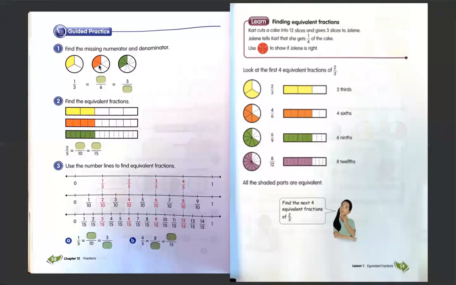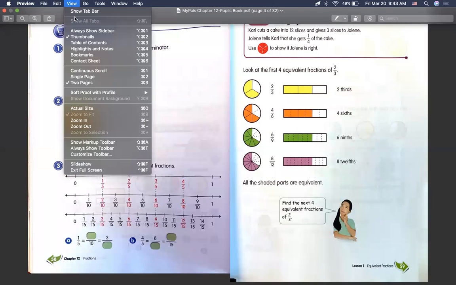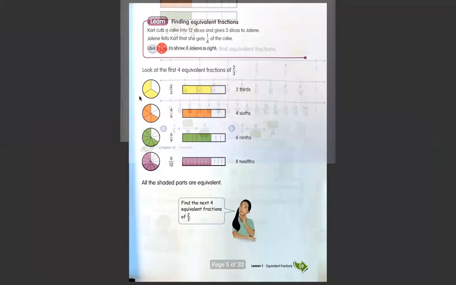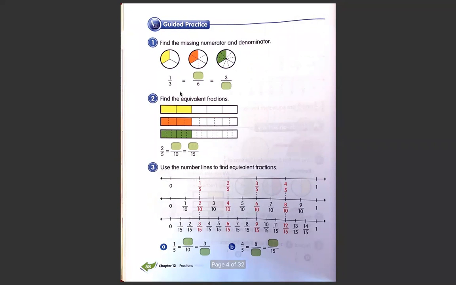I'm showing the page on my screen. I want you to do question 1, question 2, and question 3, and then we'll correct it together.